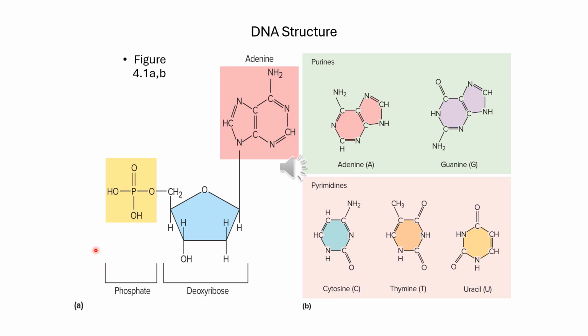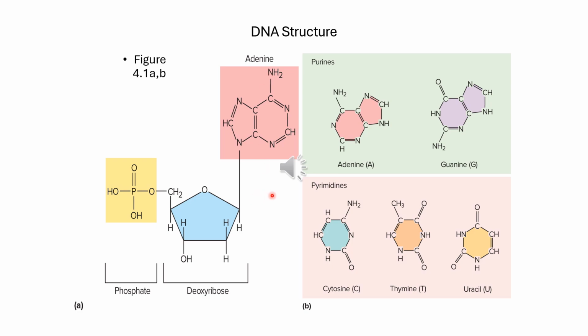In this slide, you can see the chemical structure of the DNA. You can see there is a phosphate group, there is a sugar group, and there is a nitrogenous base, and here it is adenine. On the right side of the slide, you can see the other nitrogenous bases, adenine and guanine, which are purines.